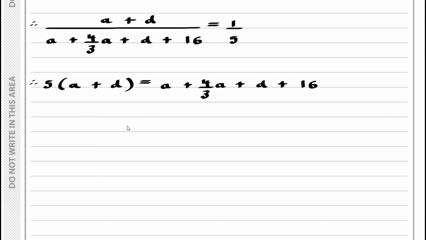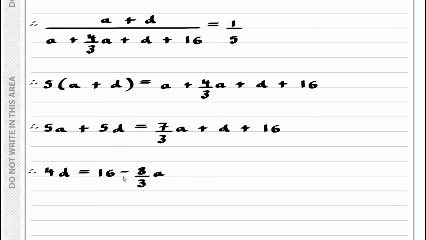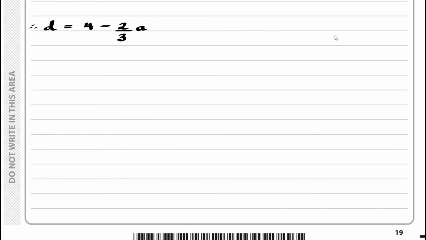So if we simplify all this, we have 5A plus 5D equals 7/3 A plus D plus 16. Rearranging, we have 4D equals 16 subtract 8/3A, from which we can conclude D is equal to 4 subtract 2/3 A. But we also know from the question that A, B, C, D and E are non-negative integers.